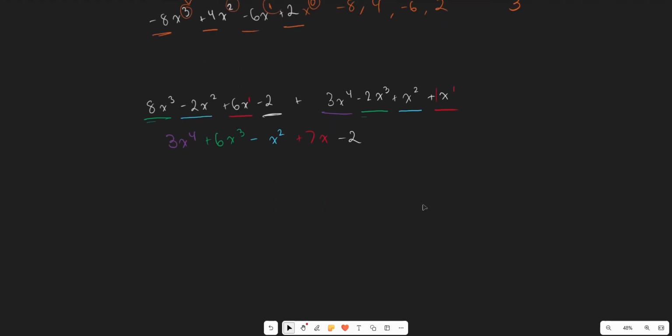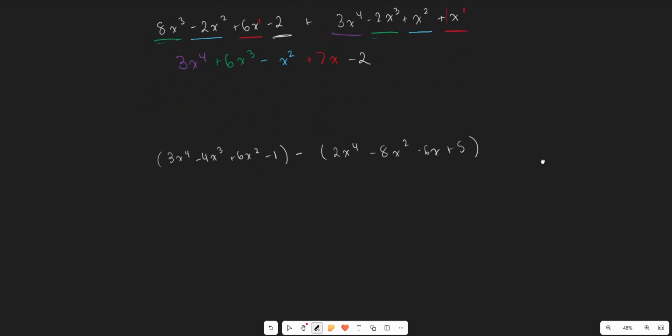And let's try one subtraction example. Okay, so our job here is that we want to subtract these two polynomials. So first we have to distribute the negative. What I mean by that is that before this polynomial comes a negative 1. So it's negative 1 times this polynomial. So I would have to distribute the negative 1 using the distributive property through all those terms.